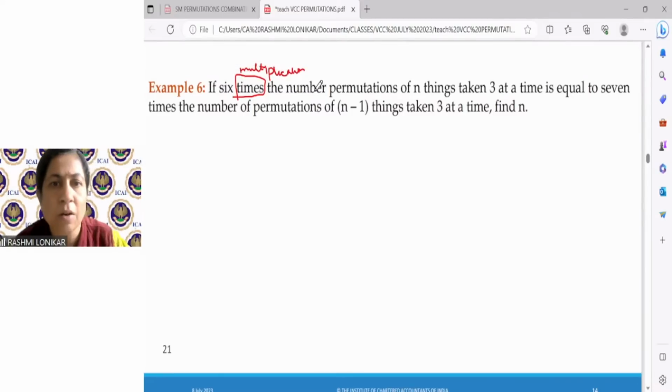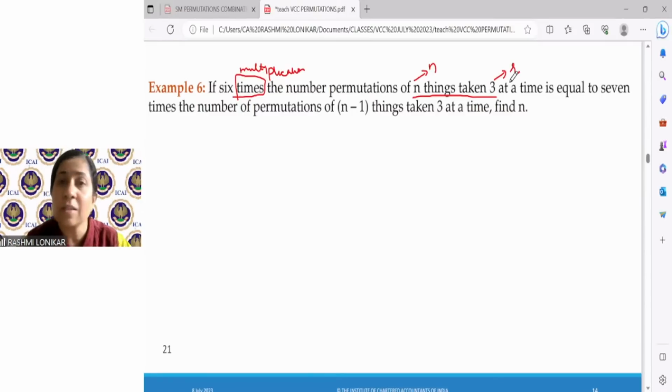The number of permutations of n things taken r at a time. So permutation of n things taken 3 at a time. What is n here? This is my n. And what is my r?